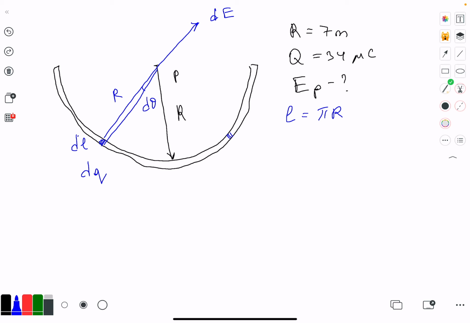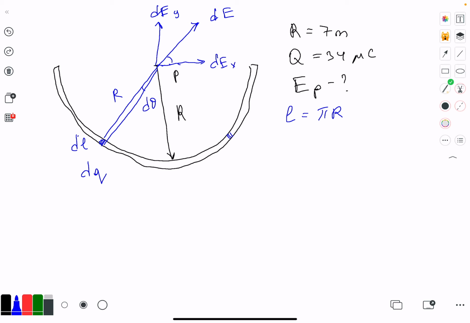Since this dE is directed at a certain angle, it can be resolved into two components: dEy and dEx.